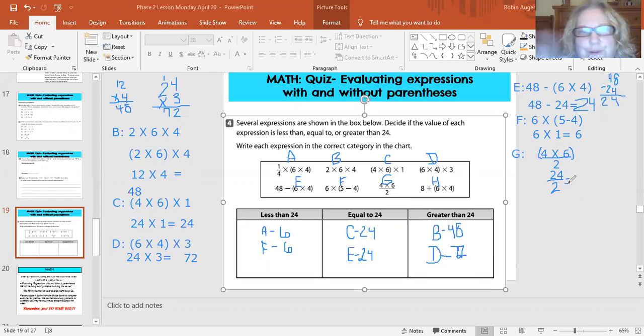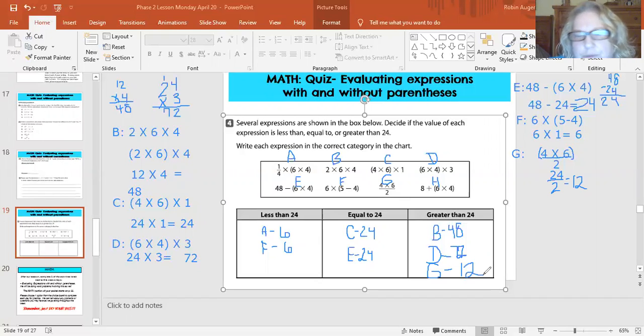So we know that we're going to have 24. How many times does 2 go into 24? 24 divided by 2 equals 12. And it has to be less than 24 because we're dividing 24 by another number. Okay, so letter G is 12.